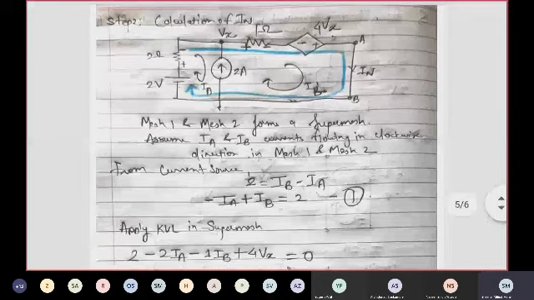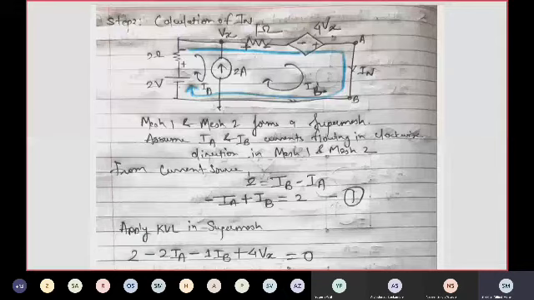Now step 2, calculation of IN. For finding IN, or you can also say ISC, you have to place a short circuit between point A and B, and find the current flowing through that.